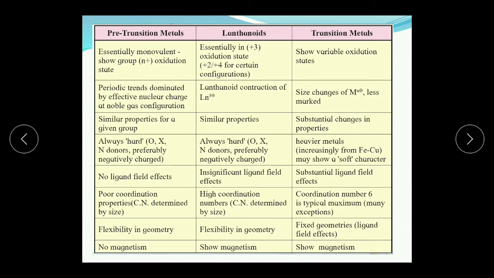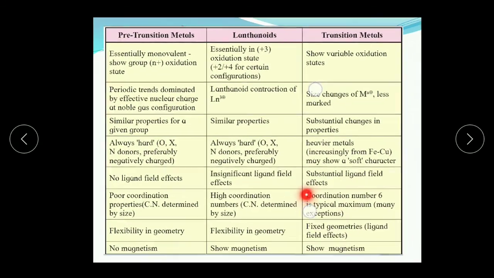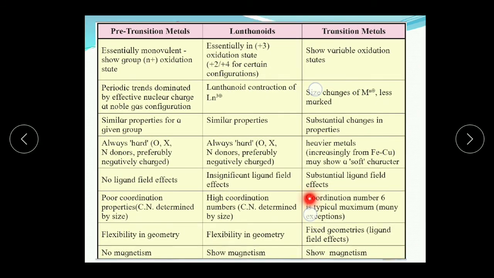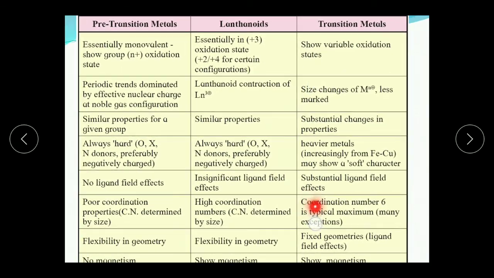So this is the table. We will see it one by one. The first column belongs to pre-transition metals, the second is lanthanides and the third is transition metals. First point, if we compare the oxidation states, generally pre-transition metals, that means metals in the s and p block, show N+ oxidation state, where N is the nth, last shell.